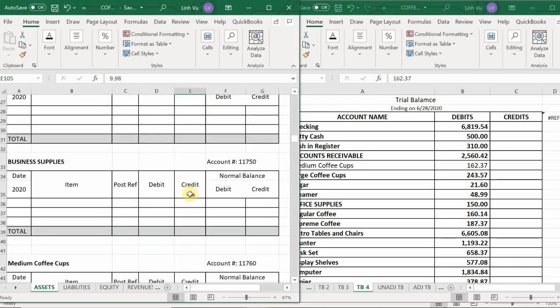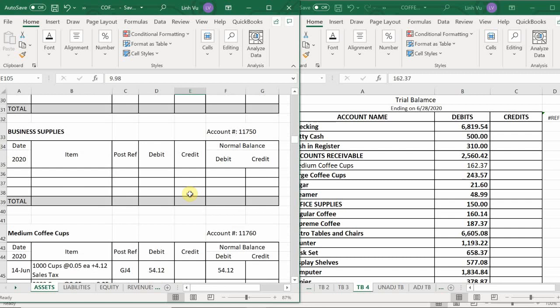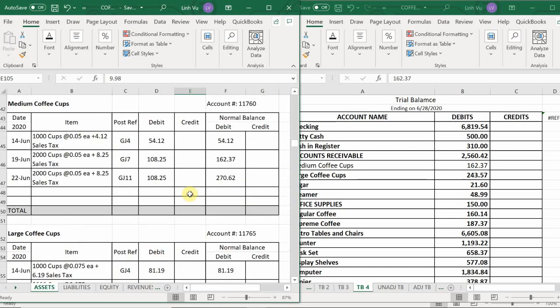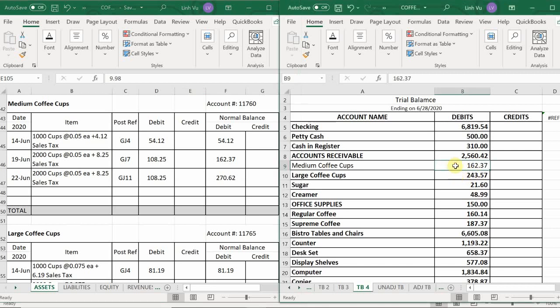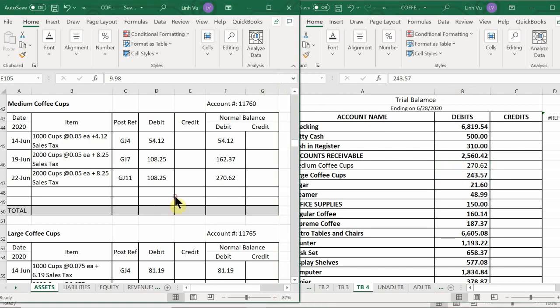We bought a lot of cups along the way. So what's my account balance there? 270.62.